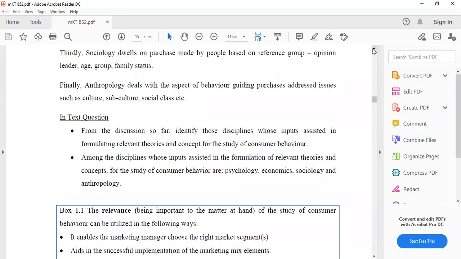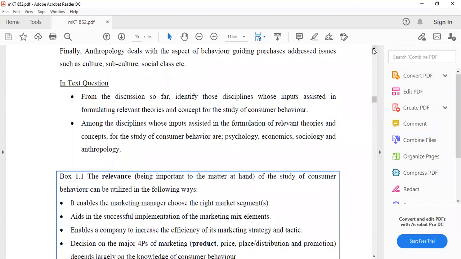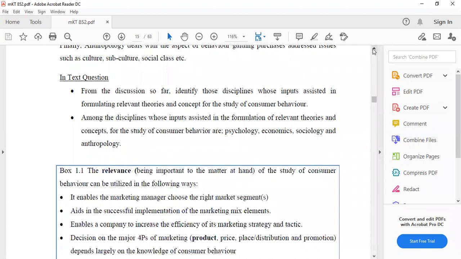Now, we want to go ahead to look at reasons for the study of consumer behavior. That is, why do management study consumer behavior? A number of reasons give rise to the study of consumer behavior in business parlance.